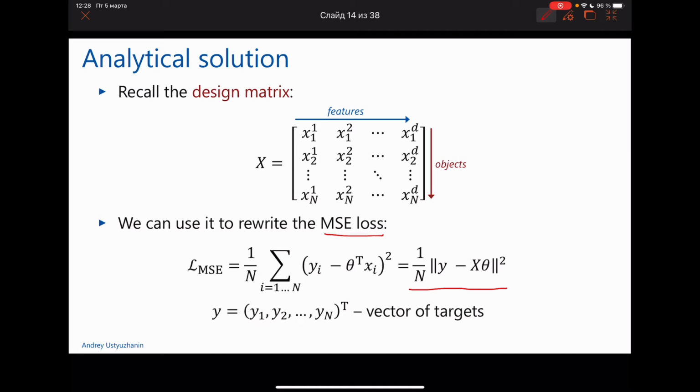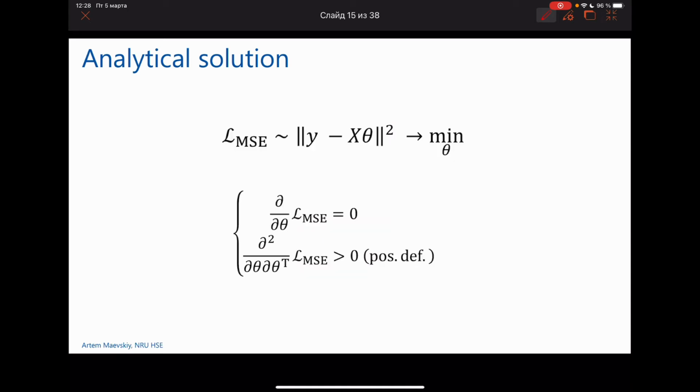So we subtract the prediction, which is just a multiplication of this design matrix by the vector of our thetas, from the vector of targets, and we just take an average.